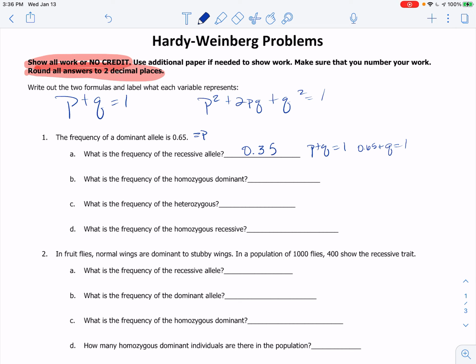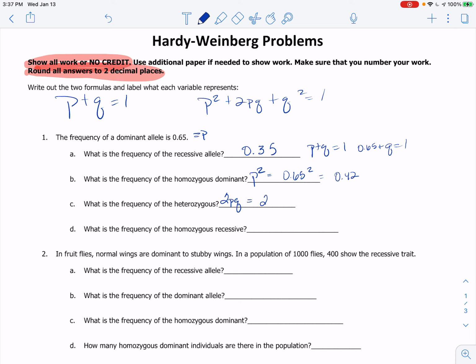So what is the frequency for homozygous dominant? Well, homozygous dominant is going to be P squared, which is 0.65 squared. And that gives us 0.42. Okay, what is the frequency for heterozygous? That is 2PQ.